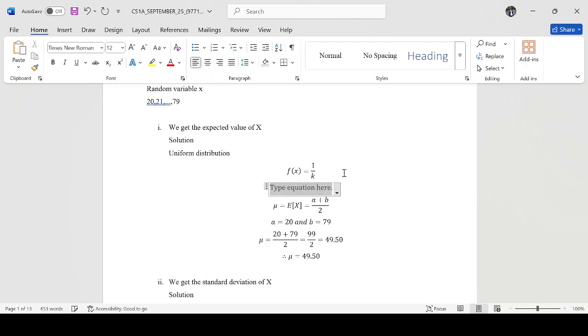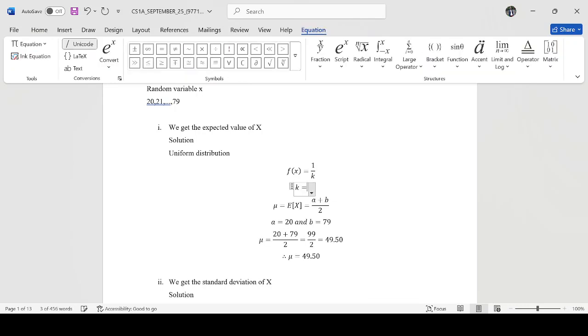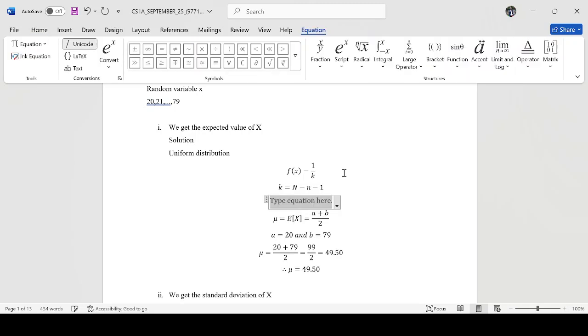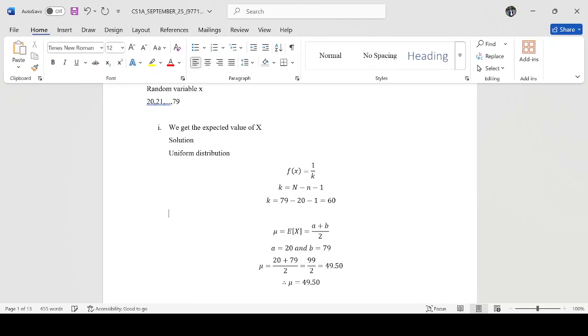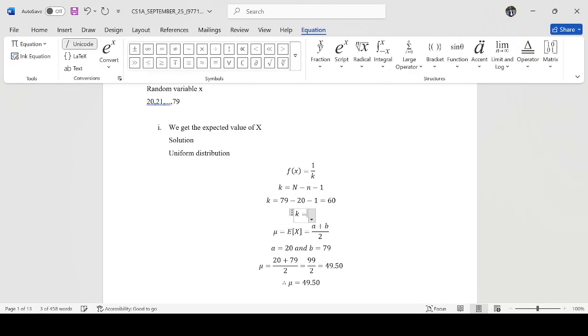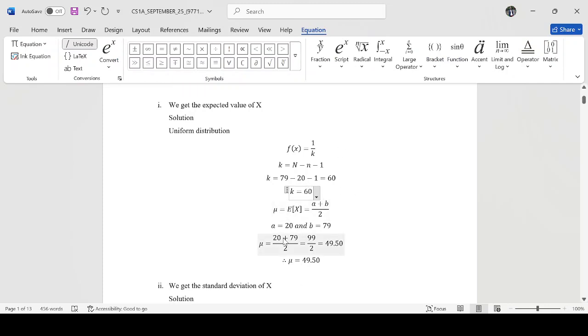So we can get our value of k. k is equal to n, which is 79 minus 20 plus 1, so here our value of k is 60. So k is equal to 60.